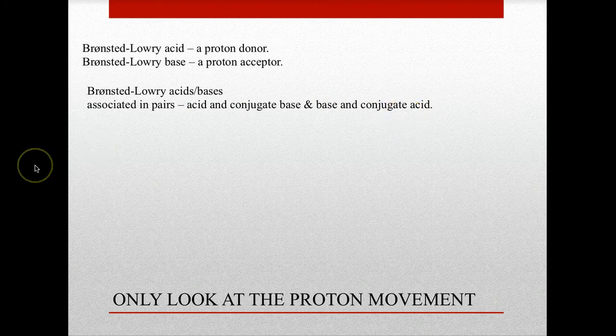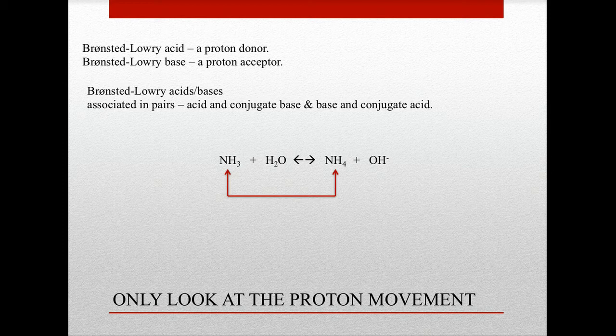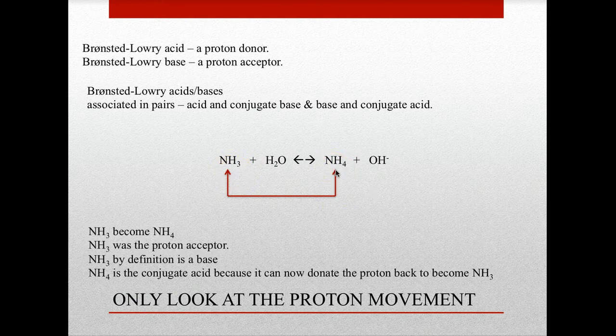So let's look at an equation. Here we have NH3 plus H2O yields NH4+ plus OH-. Well, let's look at what we have before and after the reaction. We have NH3 on this side and NH4 on this side. So the NH3 becomes NH4. And how does it do that?